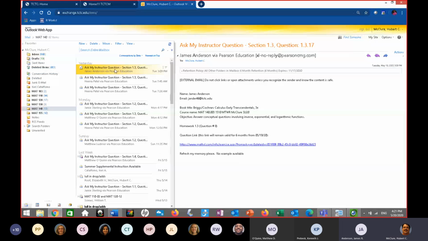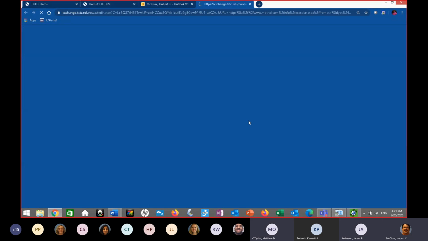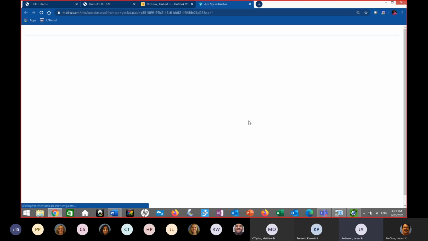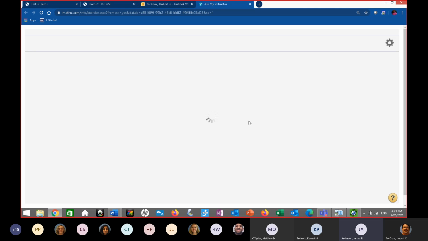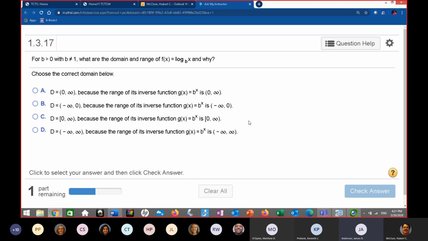This is 1.317/8. I think we did this one yesterday afternoon after class. We went over this one. Well, I need to go over it in Driveride.